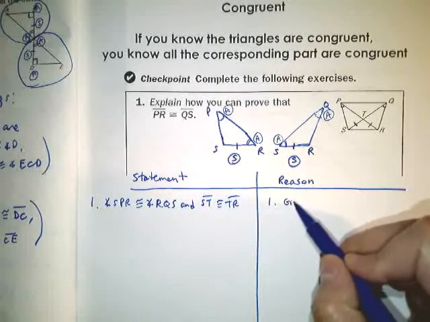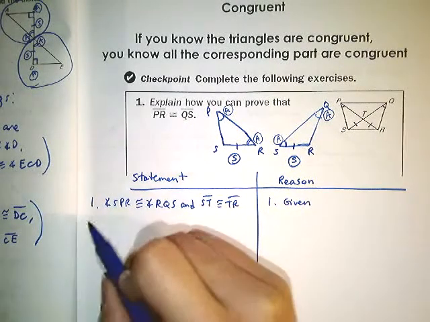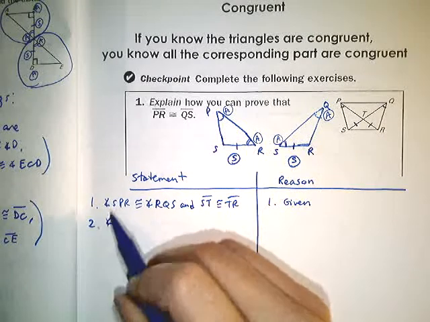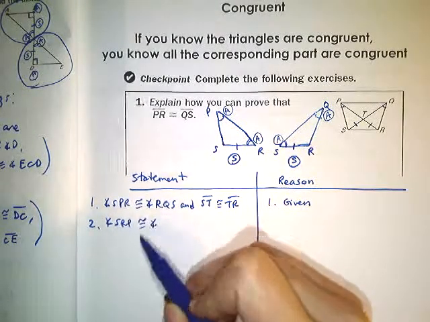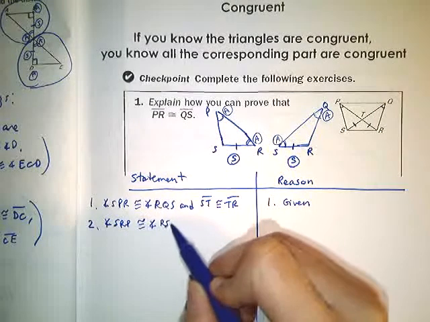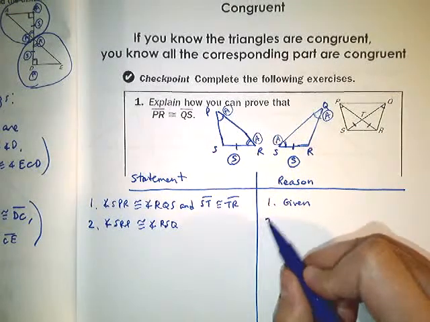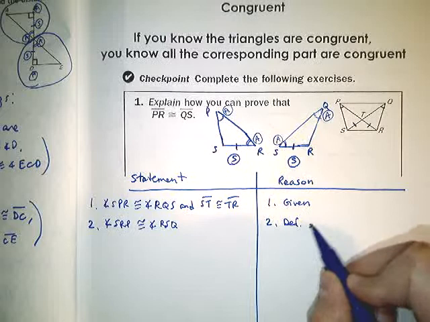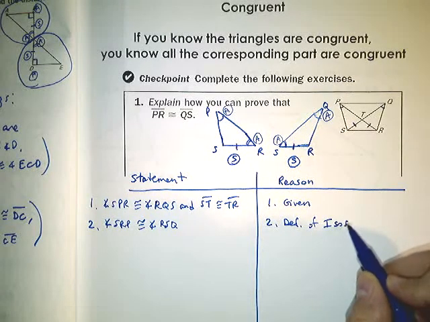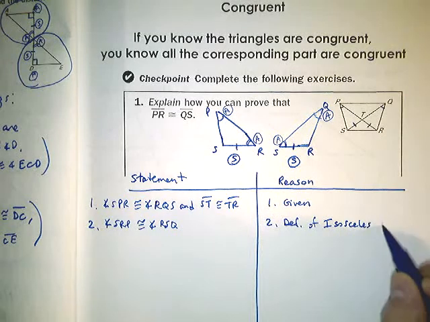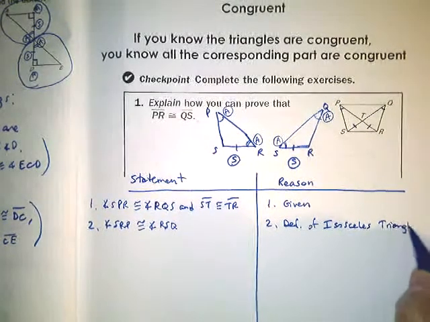Reason being that was just given information. And then I'm going to say that angle SRP is congruent to angle RSQ because of the definition of an isosceles triangle.